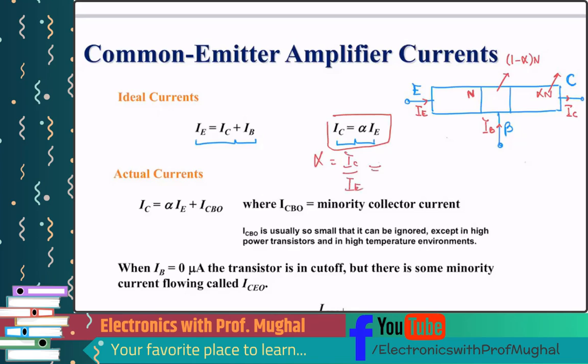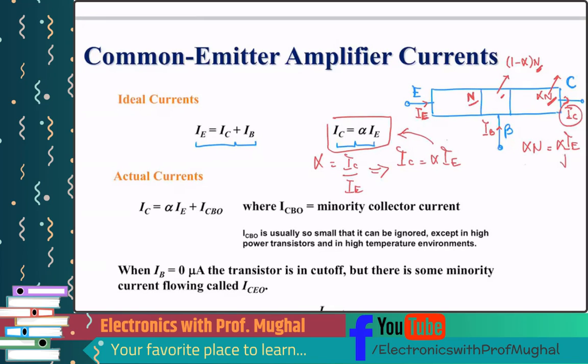I can rearrange this equation so it looks like IC equals alpha IE, correct? And that's what it is. N is the number of electrons, and the number of electrons in the emitter is basically IE. So if I replace n with IE in alpha n, that is what IC is, and that's how we get this equation.